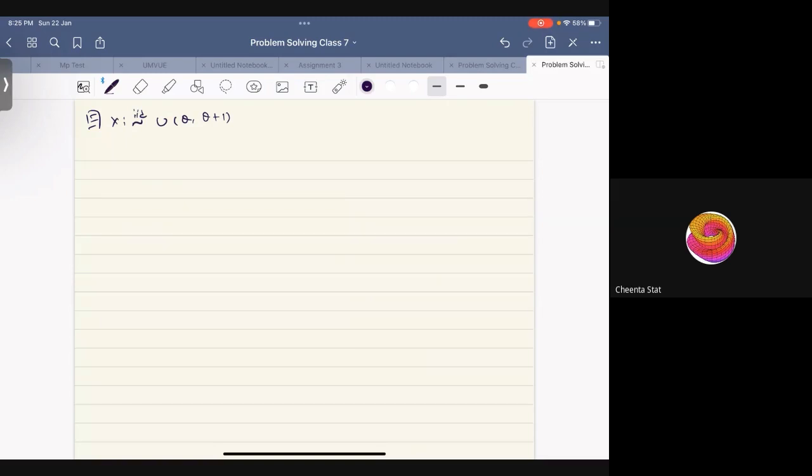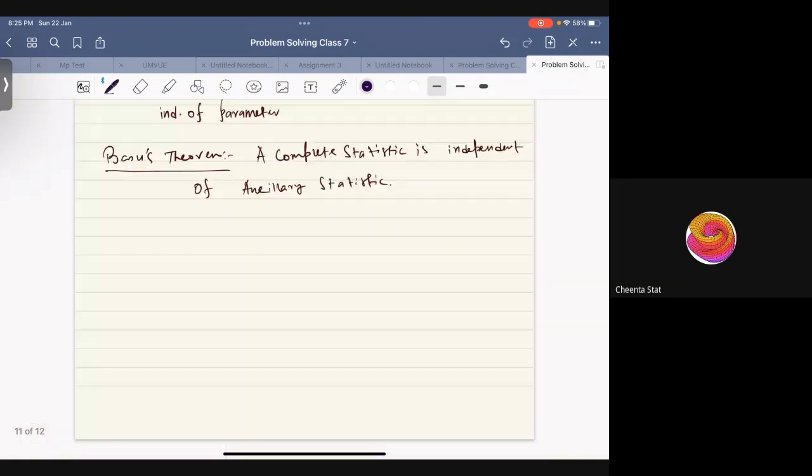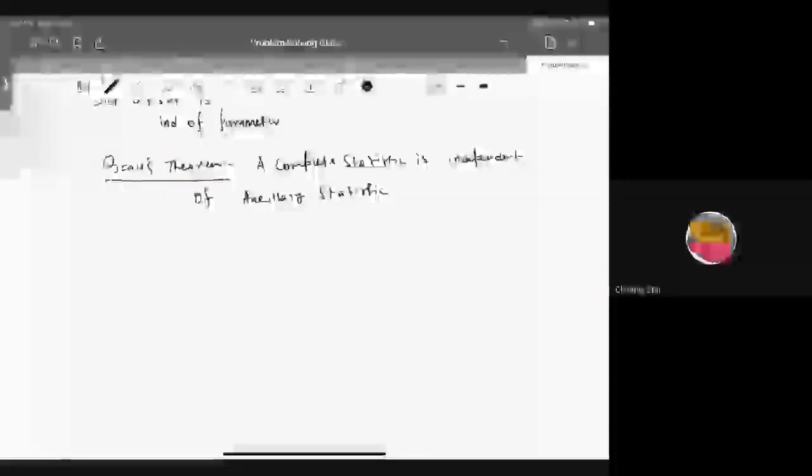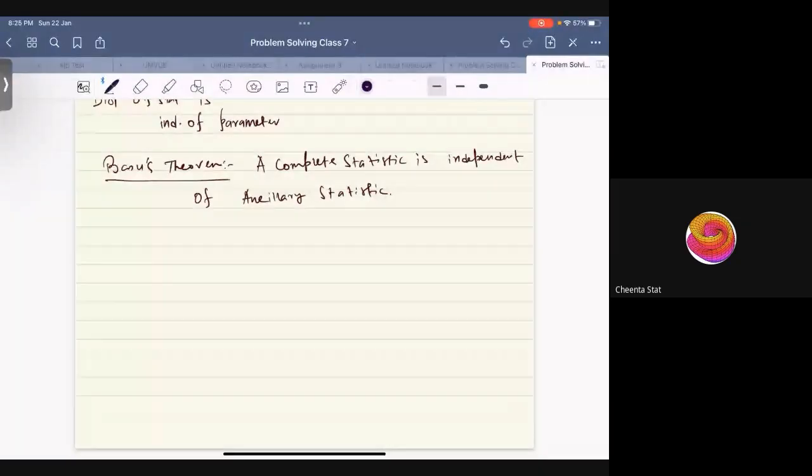Sir, can you please repeat what you said about minimal sufficient and ancillary? Okay. So see, first you have a class of all statistics, where sufficiency means that 100% of the information is contained in the statistic. And your target is to reduce the data.